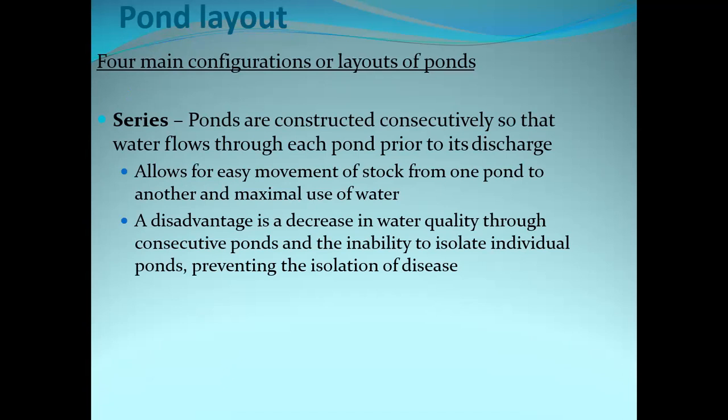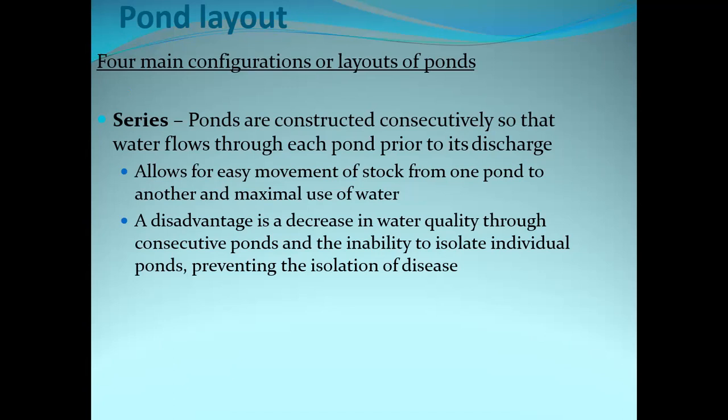So imagine you have five ponds, one after the other, and you have water flowing from pond 1. Series means it flows from pond 1 into pond 2, into pond 3, into pond 4, into pond 5. And because of that, when the water flows through, it takes with it metabolites and waste that the aquatic species produces within that pond, and carries it from one pond into another, and into another.